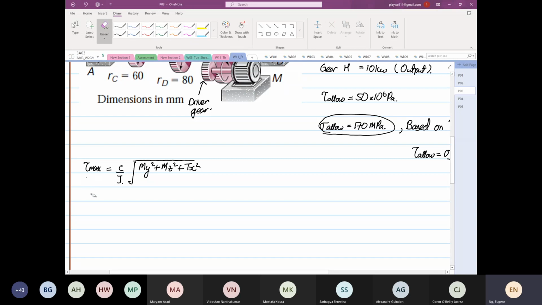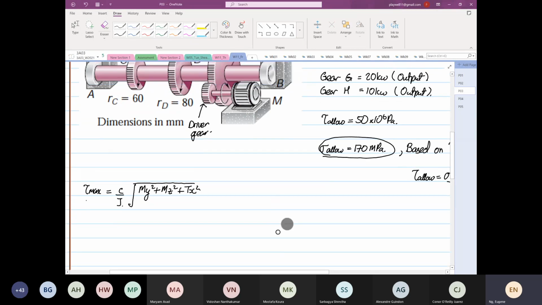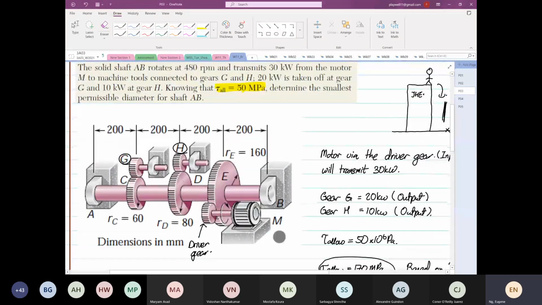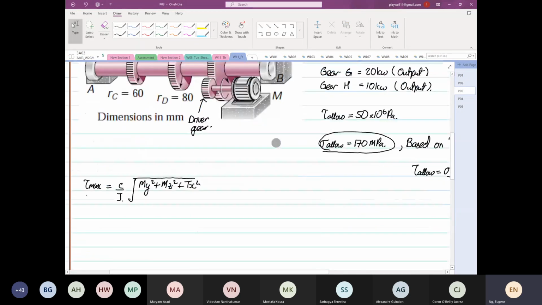So what we are tasked to find is the smallest possible diameter. These two values we don't know. The only values we know are these, and for now we don't know the moment, we don't know Mz, we don't know Tx, we don't know them yet.